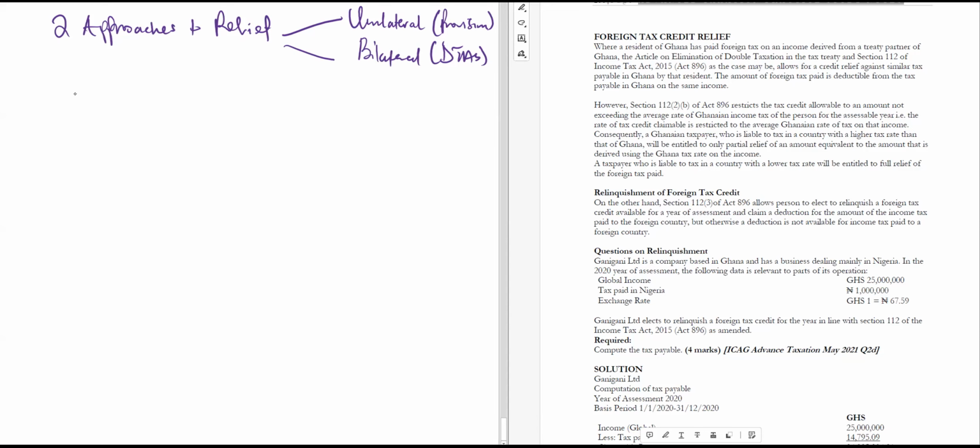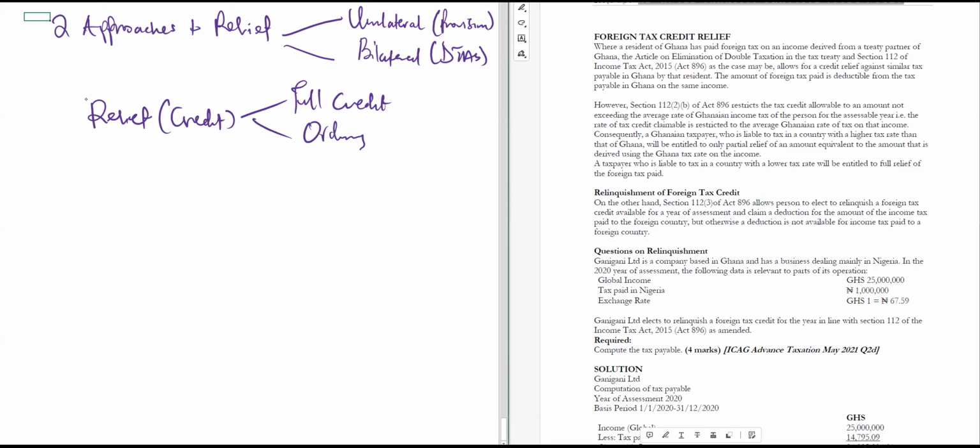So we said that when it comes to tax credit, a credit relief, we can grant the person a full credit, or we can grant the person an ordinary credit, or a partial credit. Are we okay? So these are the ones that we have.